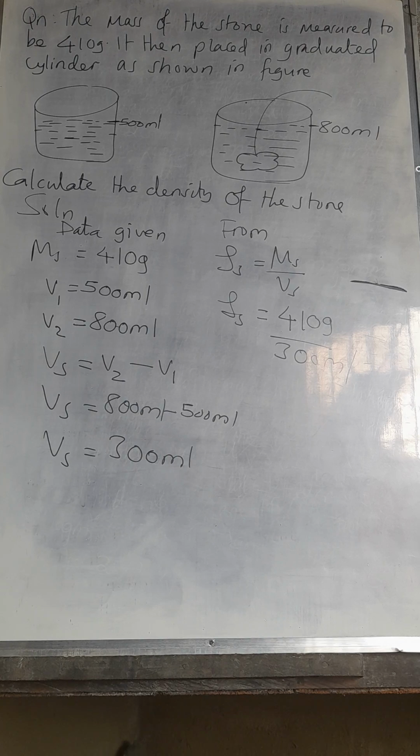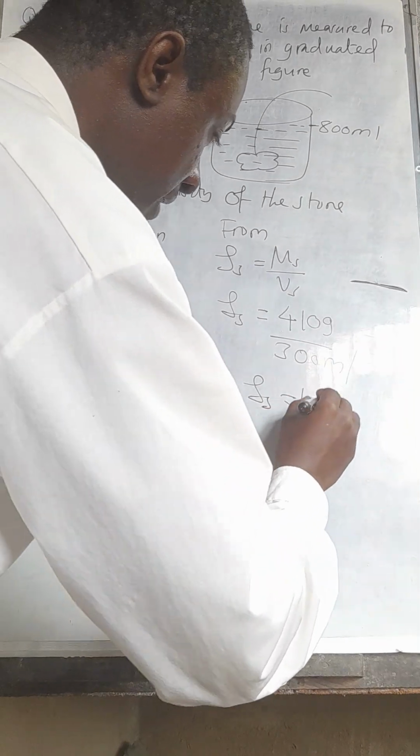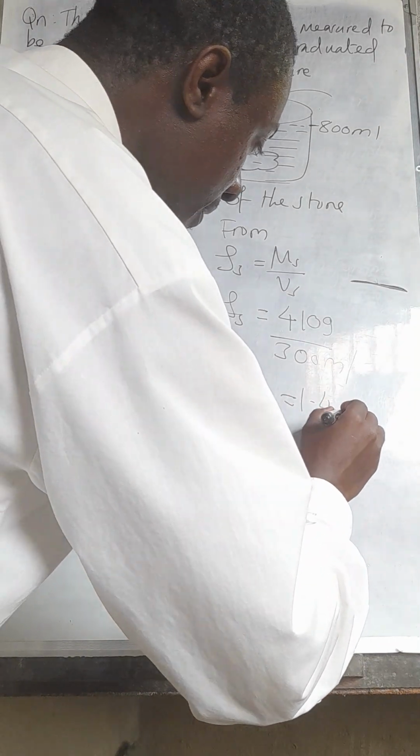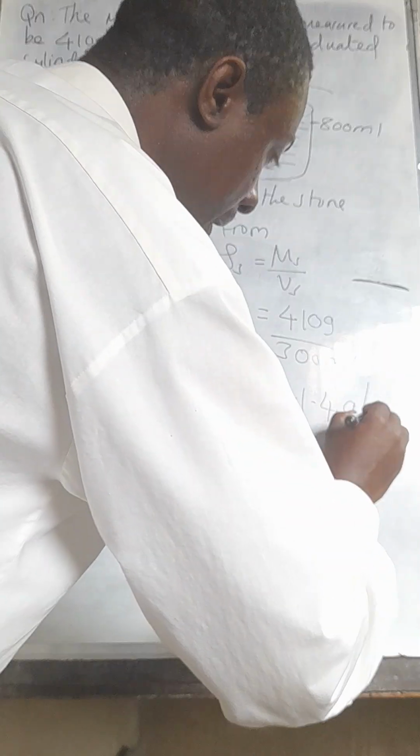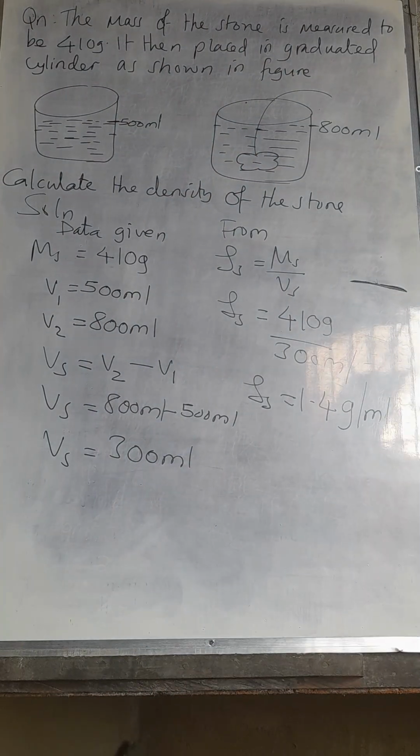If you do the math, taking 410 gram divided by 300 mL, you get approximately a density of the stone of almost 1.4 gram per milliliter.